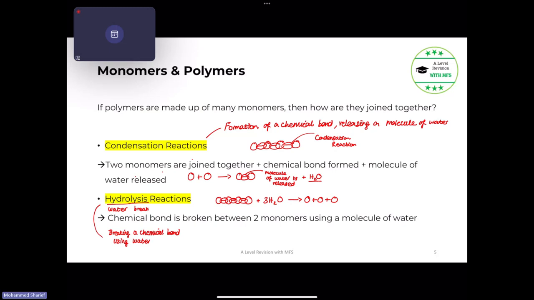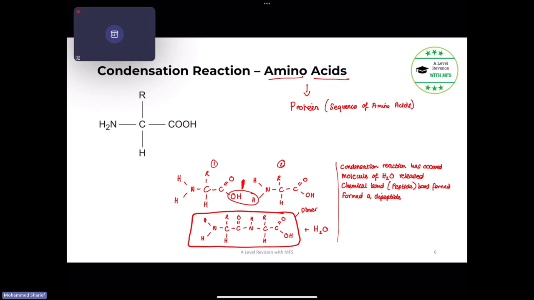We first looked at amino acids, and we had the general structure of an amino acid. We drew the general structure of an amino acid out, and we combined two of those amino acids together. And then we realized that over here, a molecule of water is being released. And because that molecule of water is being released, we're forming this bond over here. The carbon is bonded directly to the nitrogen.